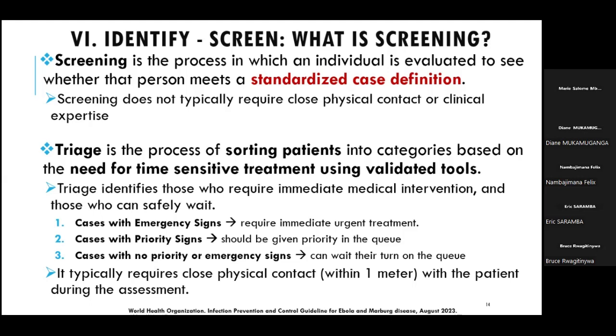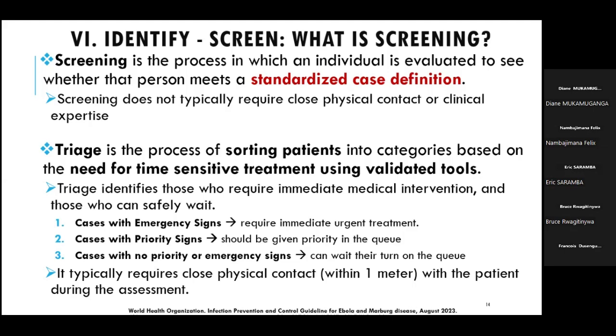How many people are having bleeding, they can be on the other side, so that you can retrieve people according to the severity of the symptoms they have. And if they require urgent management, they can be categorized aside and then taken care of.